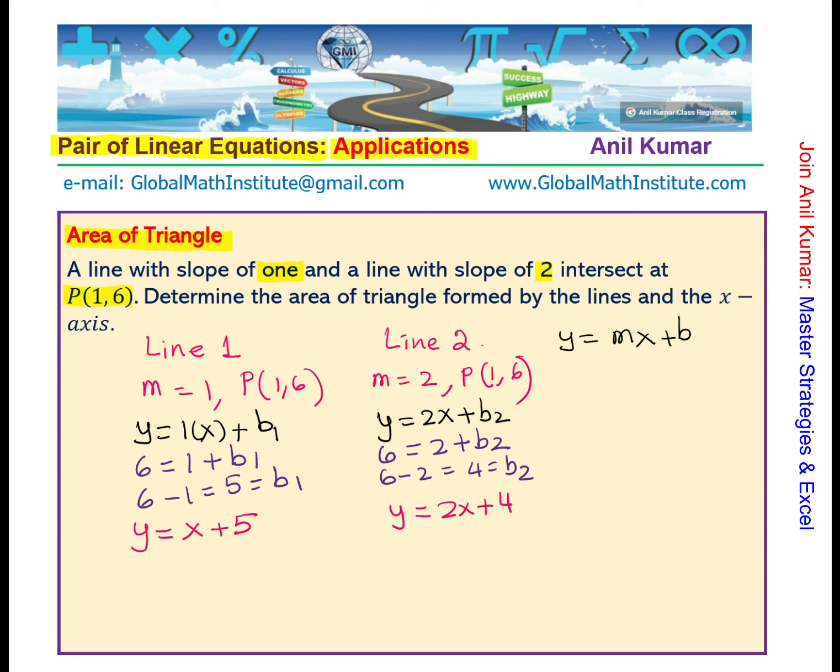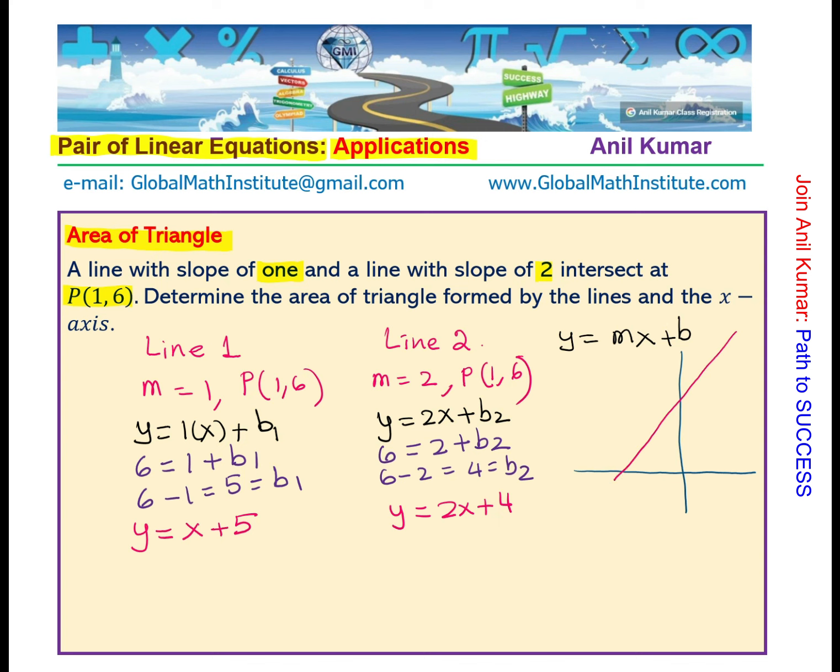Now the question says, determine the area of the triangle formed by the lines and the x-axis. So we have a situation where I could actually sketch the lines. Let's say these are the points where they intersect the x-axis. We just found that this point P, which is common to both, is (1, 6).